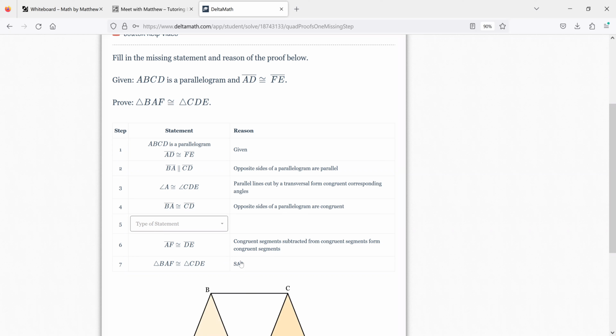Okay, so I'm just looking at this one more time. It looks like we need to show that, we already have that though. I was going to say angle A is congruent. What I'm stumbling over here is I see that BA is congruent to CD and AF is congruent to DE, and this angle is already congruent to this angle.